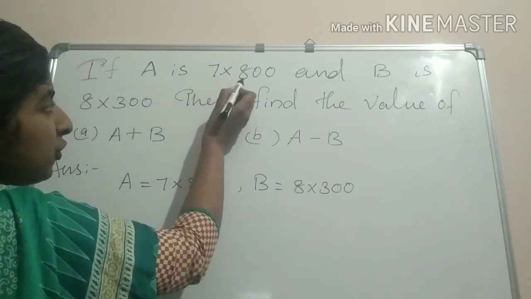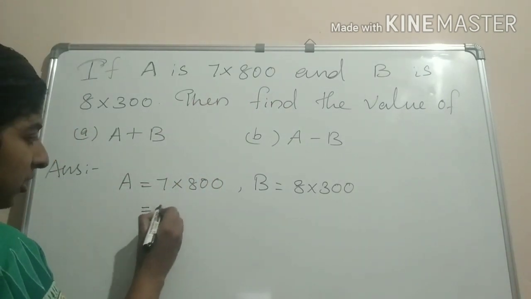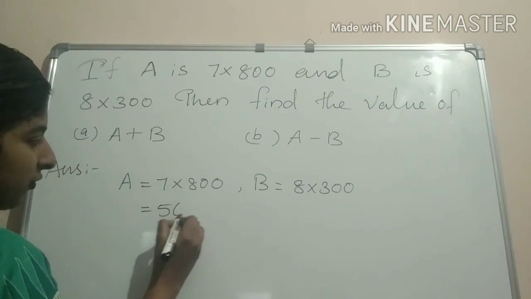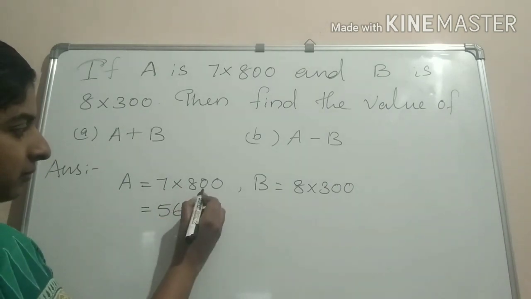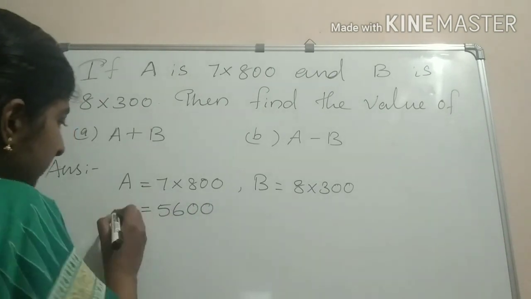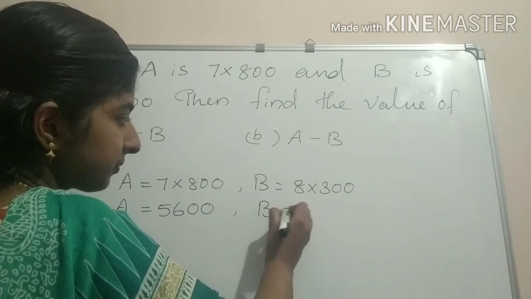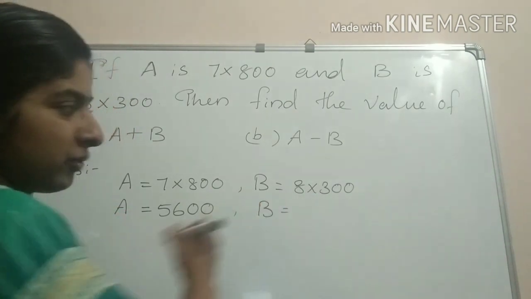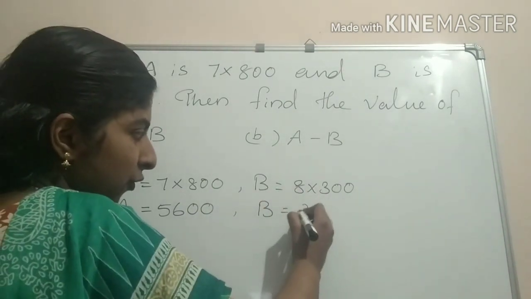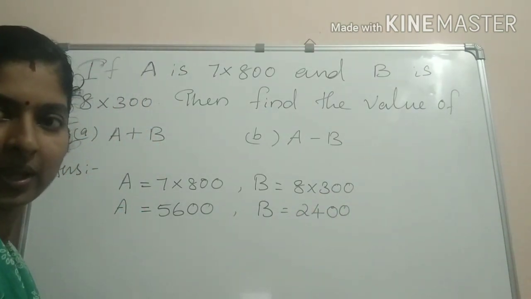Yes, 7 into 8, 56. Then put the zeros after this answer. That is the answer of A. Then B. Here also 8 into 3, 24. Then 2 zeros here. Okay.